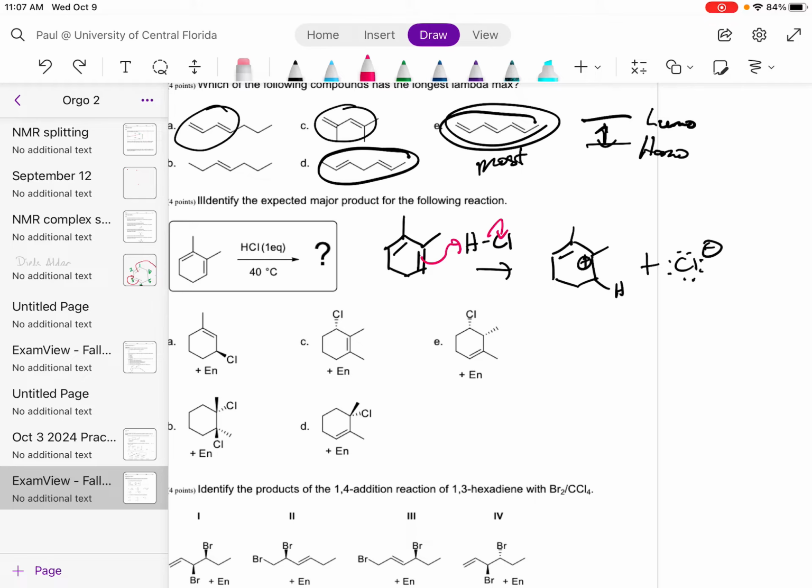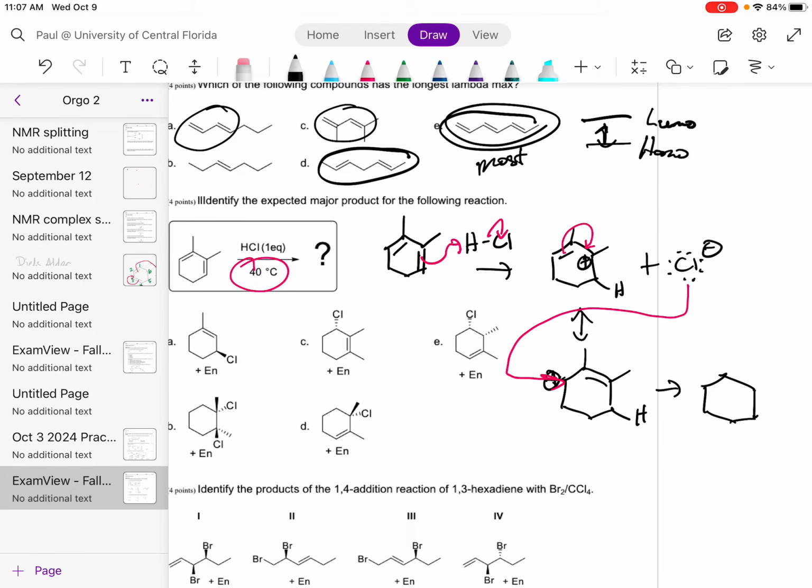But we see that heat is being added, so we're thinking thermodynamics. So we need to draw a resonance structure. When we draw that resonance structure, we now have the carbocation right there, and this allows the chlorine to attack there to give us the product in a 1,4 addition.